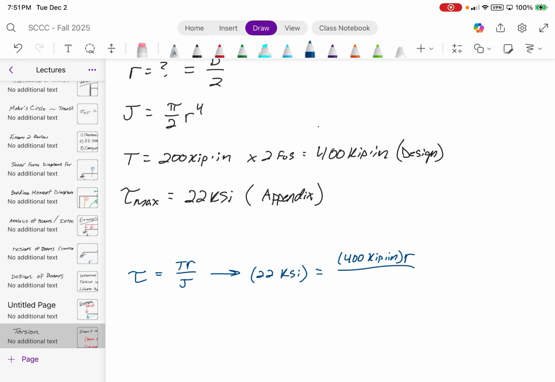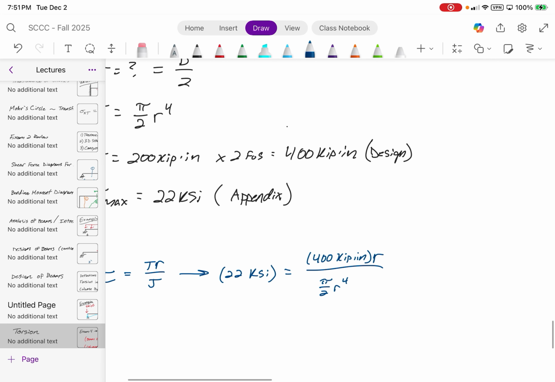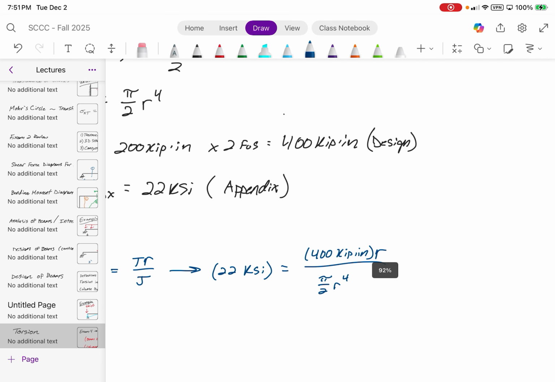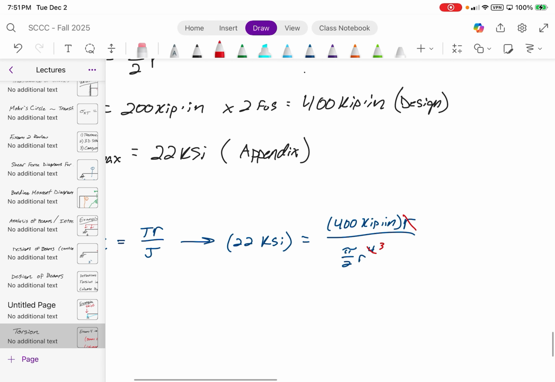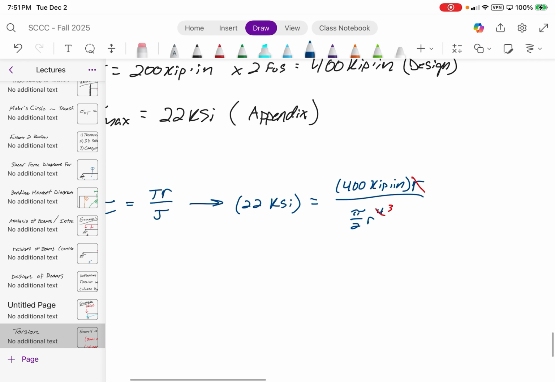And then the polar moment of inertia we know is pi over 2 r to the fourth. We can simplify this slightly because this r is going to cancel. So that becomes r cubed, right? You guys agree with me with that? That's just basic division.